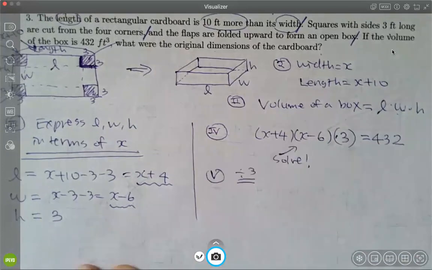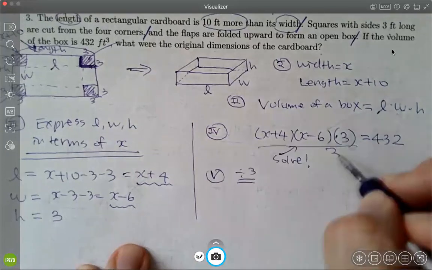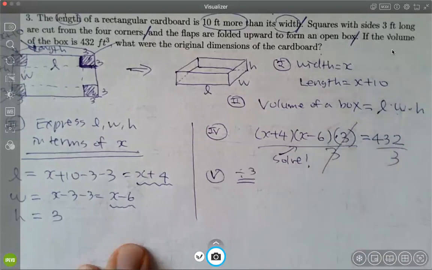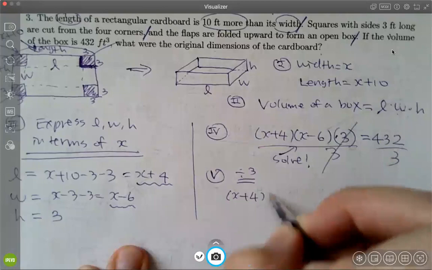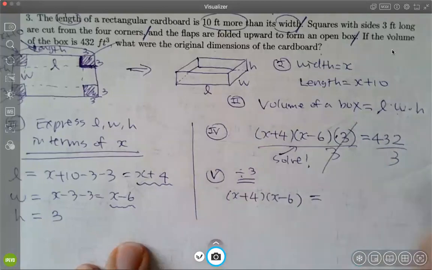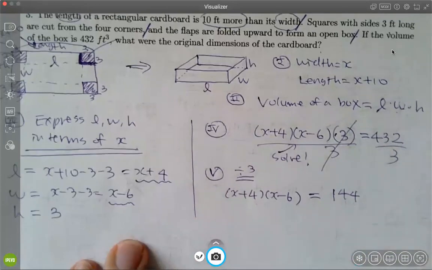When you divide everything by 3, the 3s cancel. So it's x plus 4 times x minus 6, and then 432 over 3. What's that equal to? 144. Still a 3-digit number, but it's way better than 432.